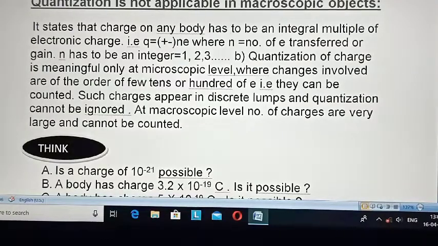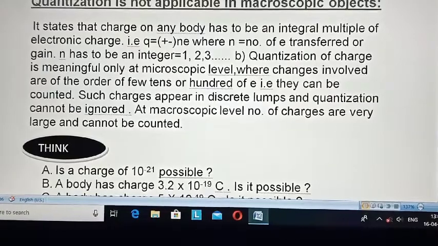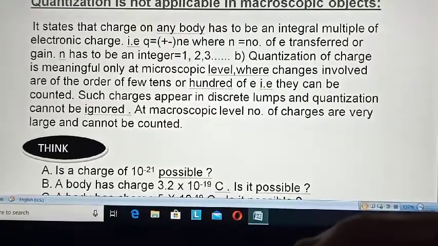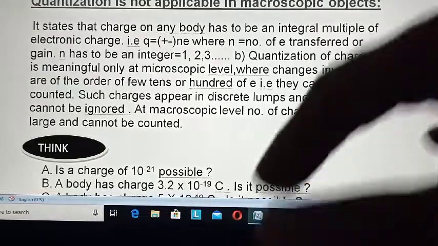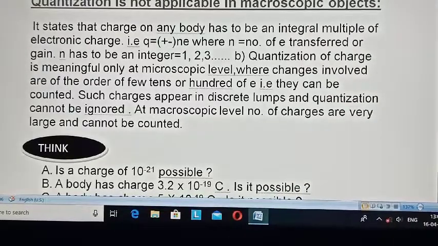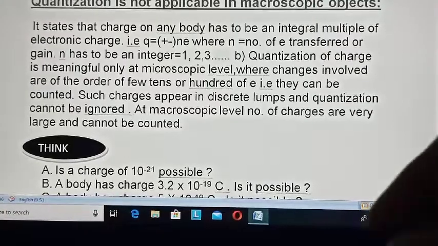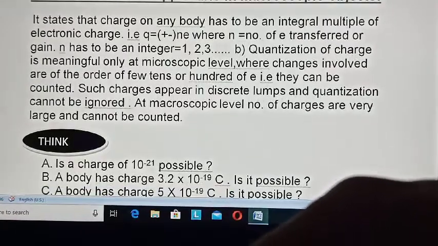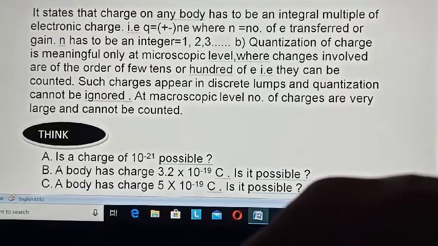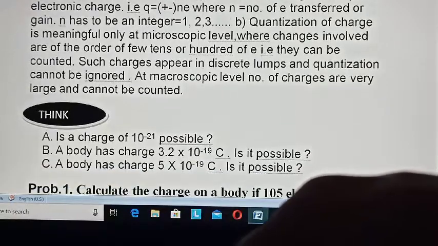Rather, it looks like continuous. So this is what quantization is. It is not applicable to macroscopic objects, in the sense the value of n is too large. For macroscopic objects, the value of n is too large, so you cannot apply it to macroscopic objects.